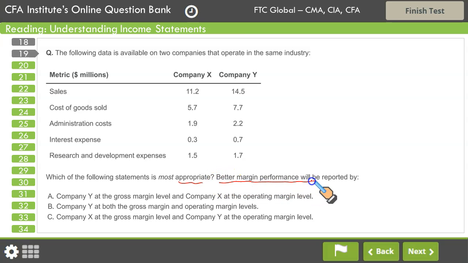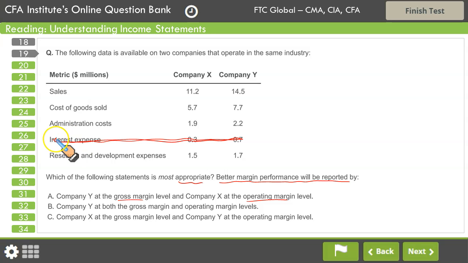Better margin performance will be reported by, when it says margin, we need to see which margin: gross margin and operating margin. Now this is important. Since only gross margin and operating margin are discussed, if we draw up a common size income statement for X and Y, we need to ignore interest expense, because interest comes after the operating income has been calculated.